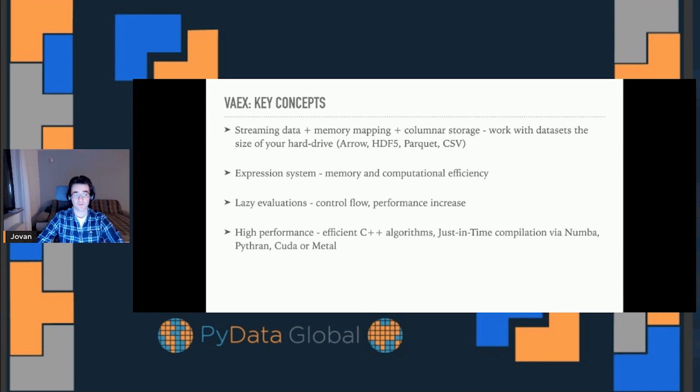In addition to this, we have what we call an expression system that, as you work with Vaex, behind the scenes creates a computing graph, which when executed allows for better computational efficiency and memory efficiency. Vaex is lazy, so it will only evaluate expressions when absolutely necessary.